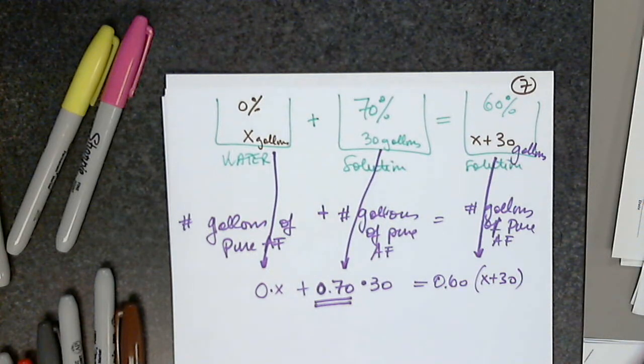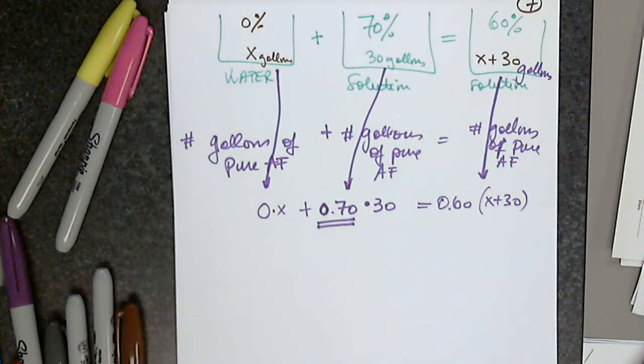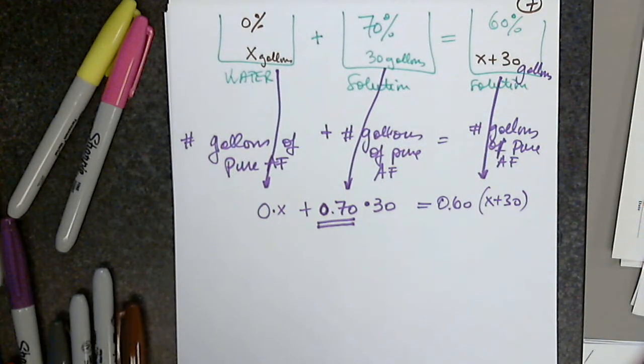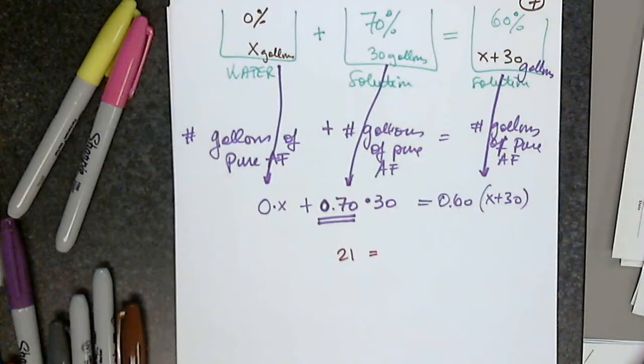That's why it decreased from 70% to 60%, because I added something that had no antifreeze. It did not add on to the antifreeze. Awesome. Any questions here? Okay, so we already know that 30 times 0.7 is 21. What do I do on the other side?